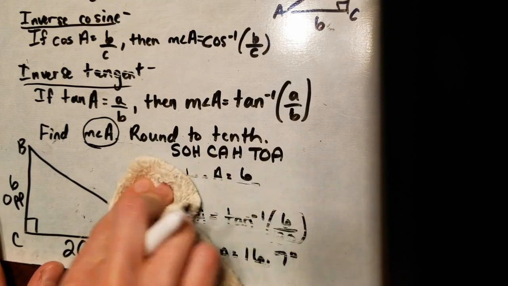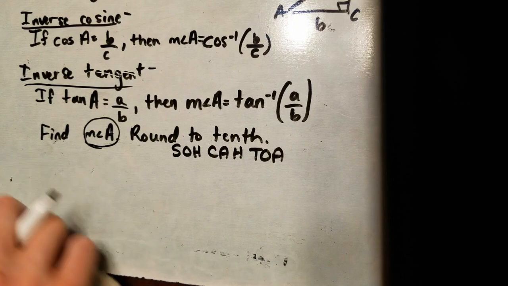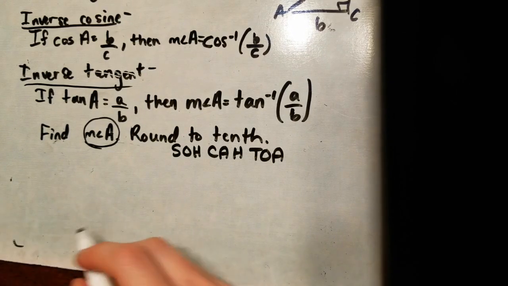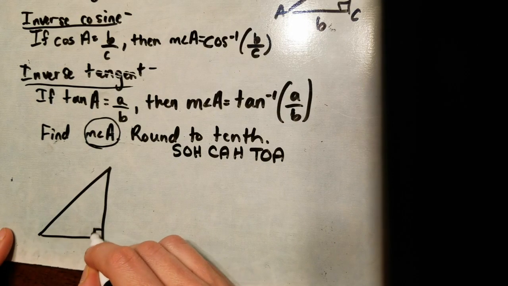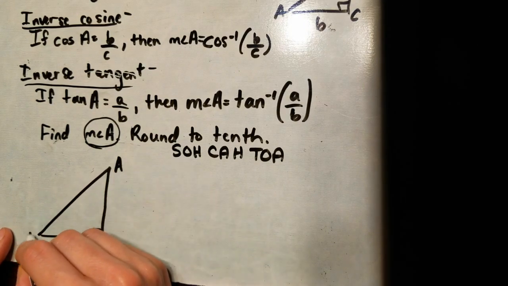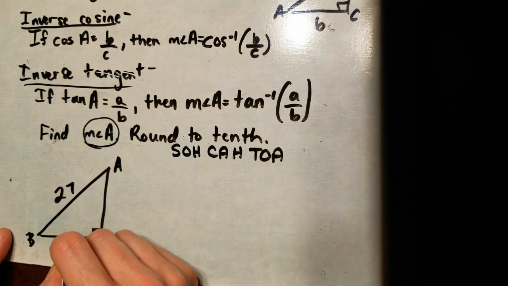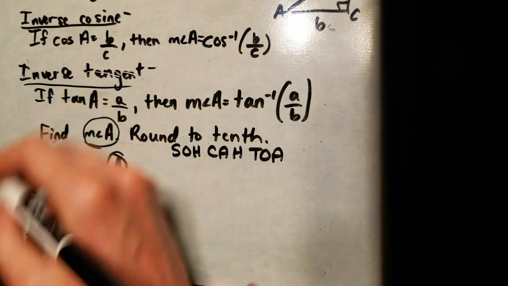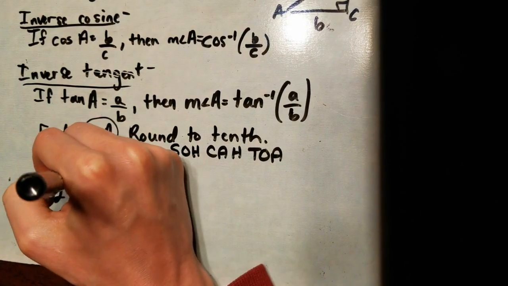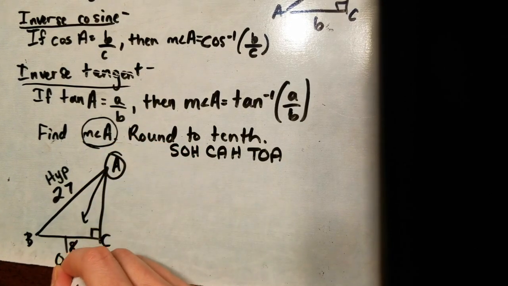Okay, let's look at another one. I'm trying to find angle A again, and 27 is the hypotenuse, and 18 would be opposite.